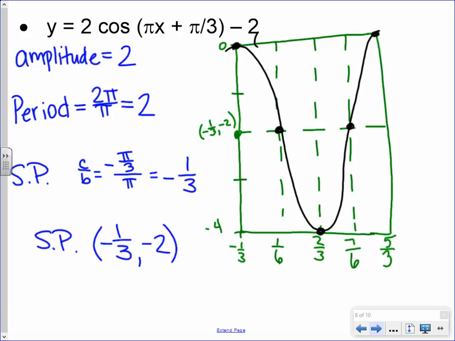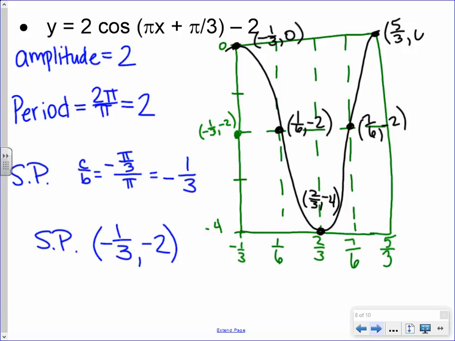Okay, so this coordinate, the x value is negative 1/3, y coordinate 0. This coordinate right here, 1/6, negative 2. This coordinate, 2/3, negative 4. Back up to 7/6, negative 2. And then our last coordinate, 5/3, 0.